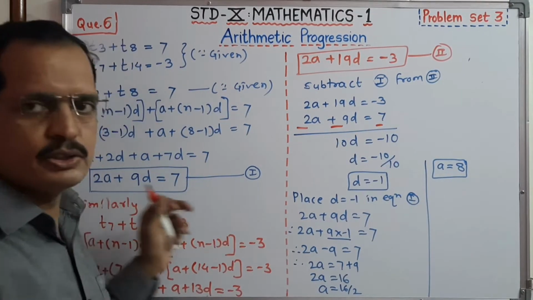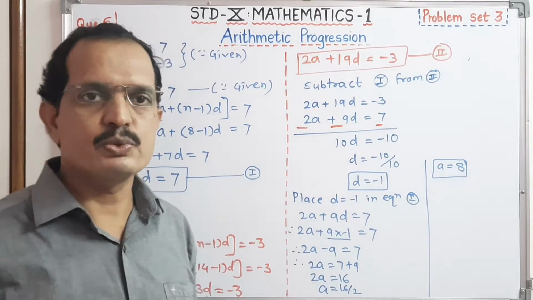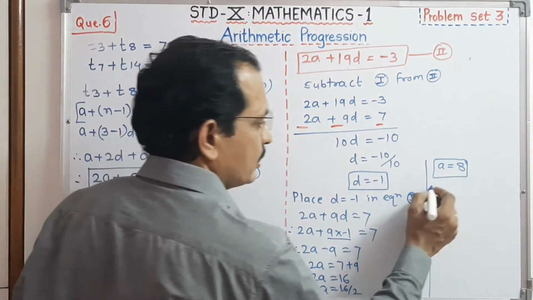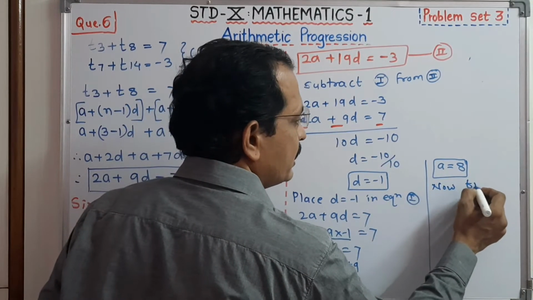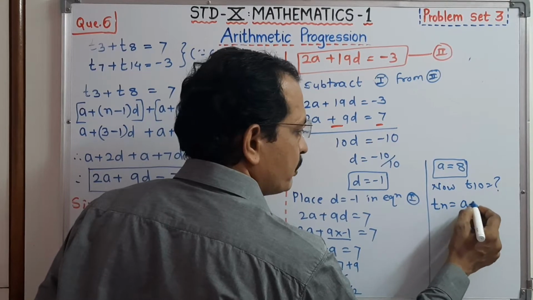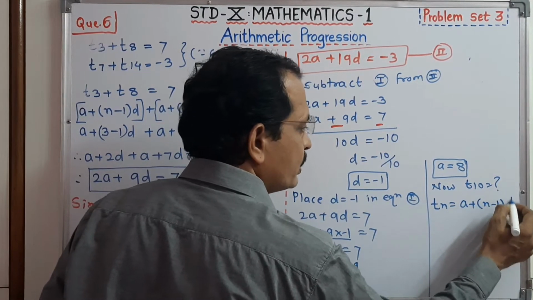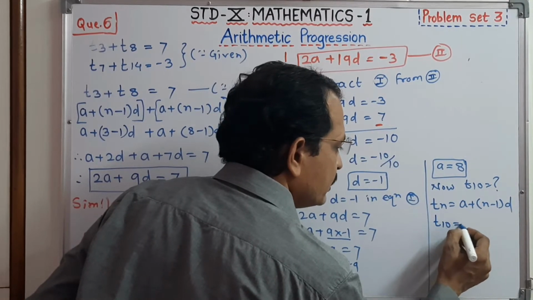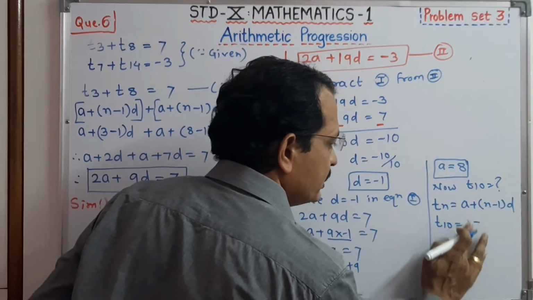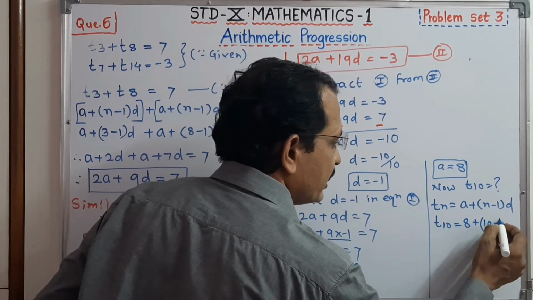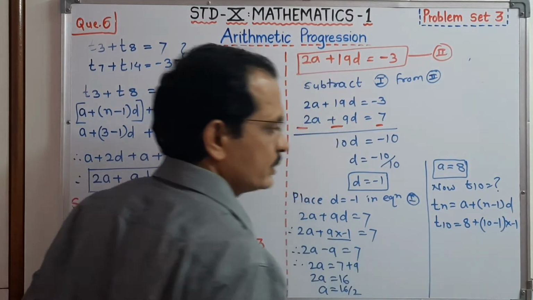Now we got A is equal to 8 and D is equal to minus 1. Now dear student, we have to find out T10. Therefore now T10 is equal to how much? Tn is equal to A plus n minus 1 into D. Now Tn means T10 is equal to A is 8 plus 10 minus 1 into minus 1.